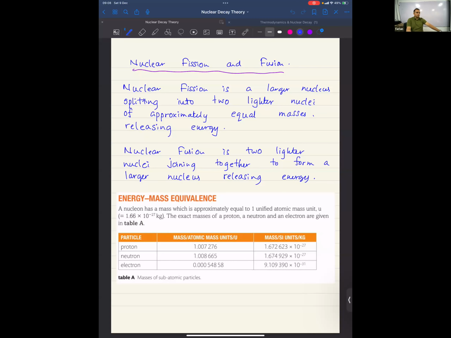Nuclear fission is a larger nucleus splitting into two lighter nuclei of approximately equal masses, releasing energy.